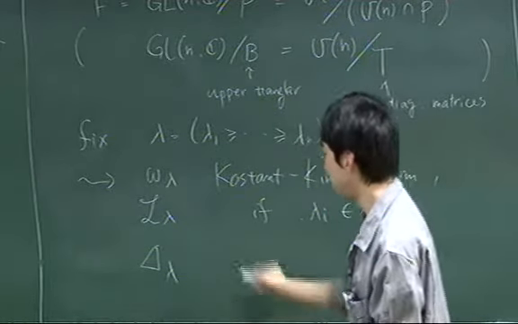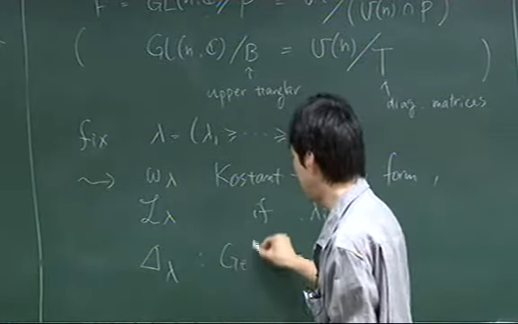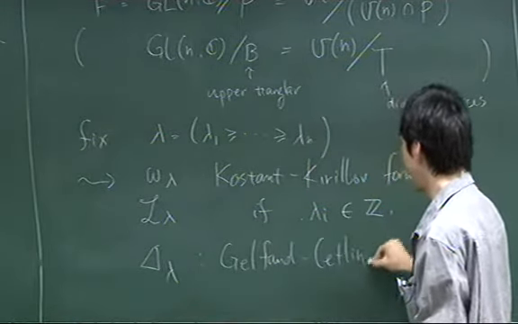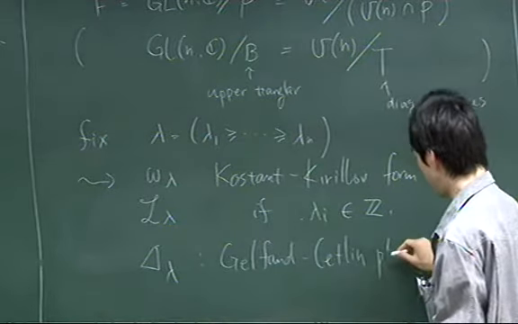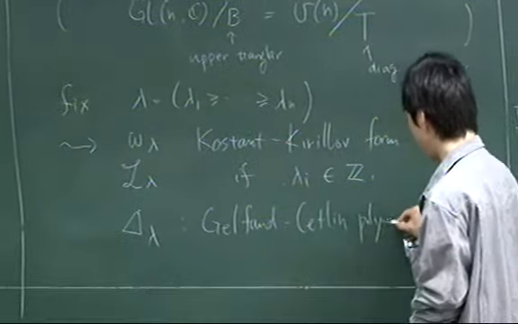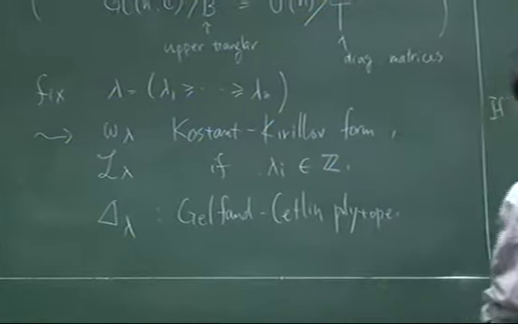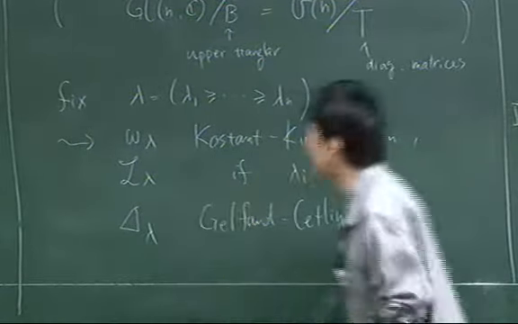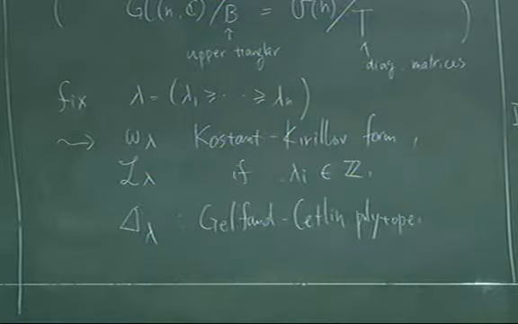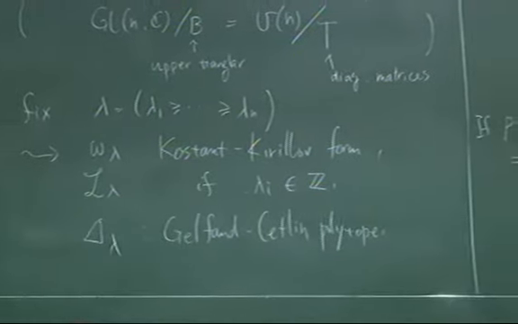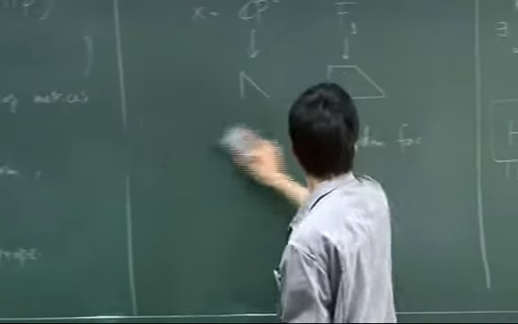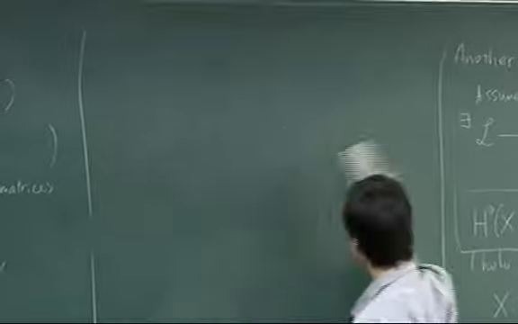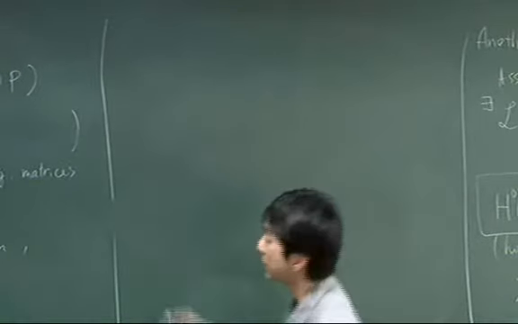This is called the Gelfand-Cetlin polytope. And there is a similar relation.